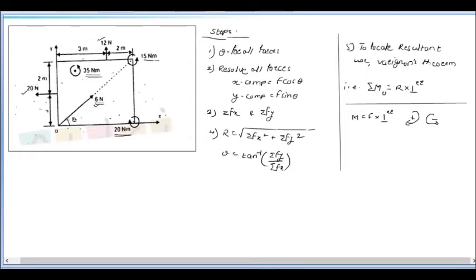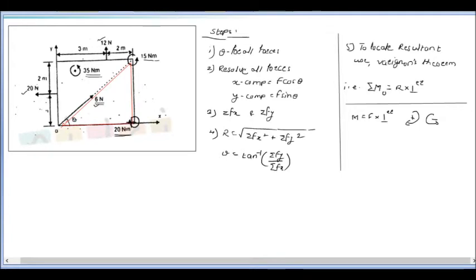Now if I have to calculate this angle, as I always said, whenever we have to calculate an angle, just check in which triangle that angle can be included. So that angle here can be included in this triangle.